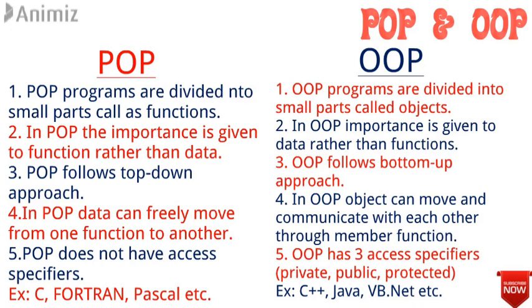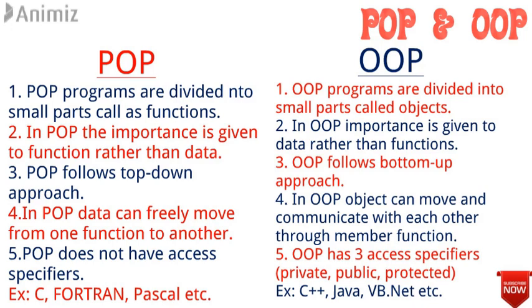POP follows top-down approach. That is, the data flows sequentially from top to bottom. In OOP, we use bottom-up approach. That is, a void main is written at the bottom and it follows bottom-up approach. In POP, data can freely move from one function to another.